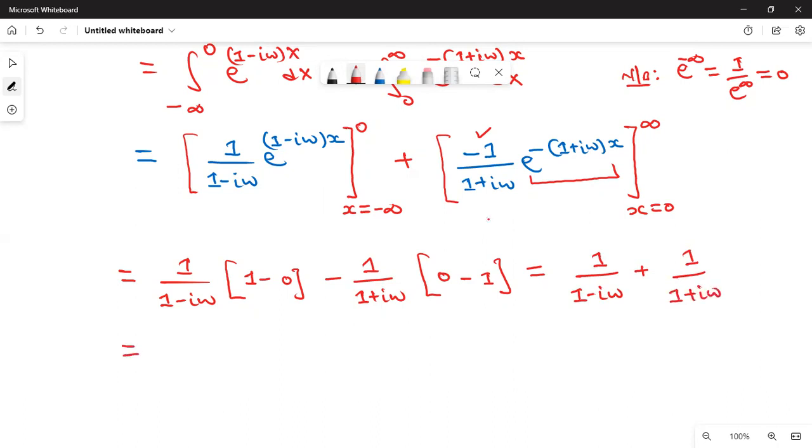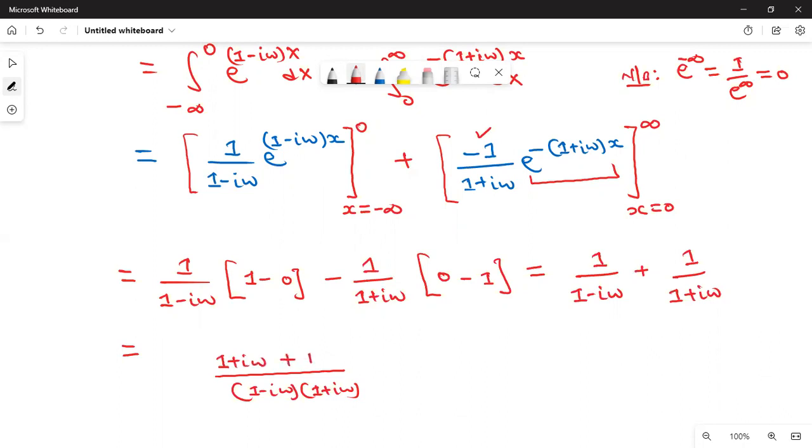If you get the LCM, the LCM is 1 minus iω times 1 plus iω. So 1 minus iω will go there. How many times? That will be 1 plus iω times 1, which is the same.